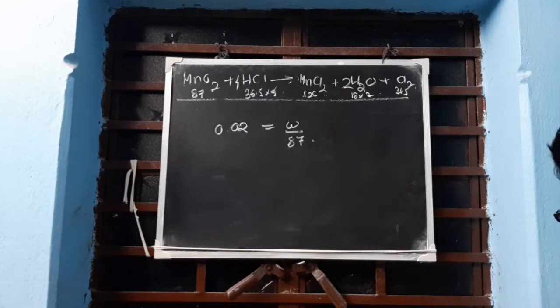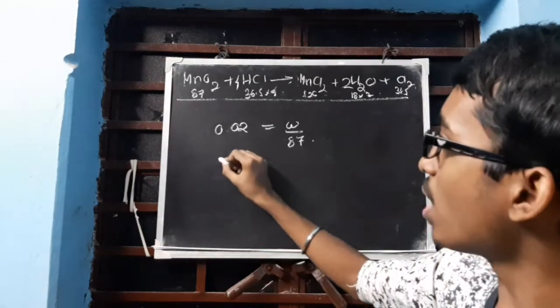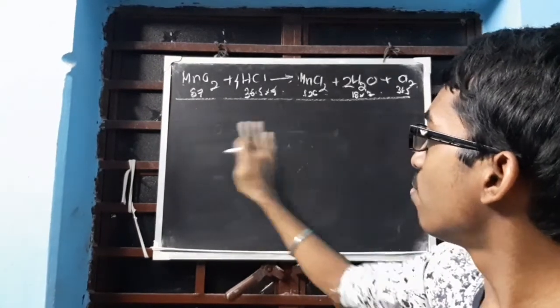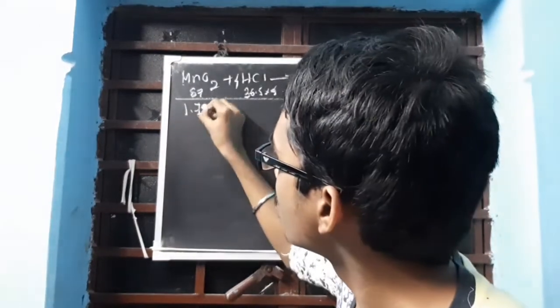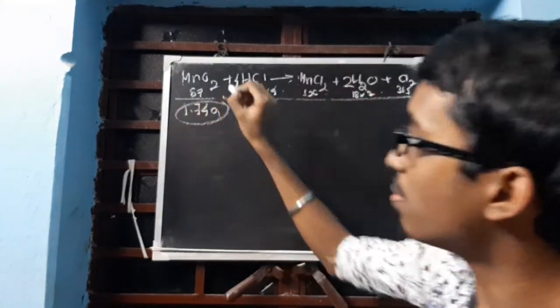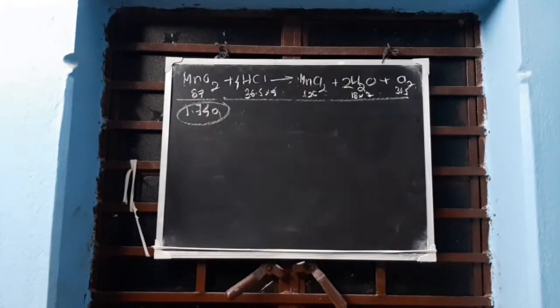So 87 into 0.02 gives you 1.74. So the given weight is 1.74 gram. Clear? From 1.74 gram, we are going to do the next calculation.